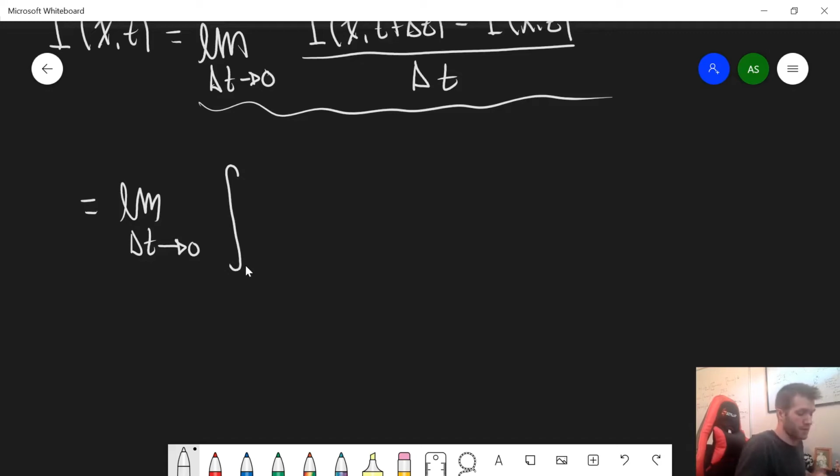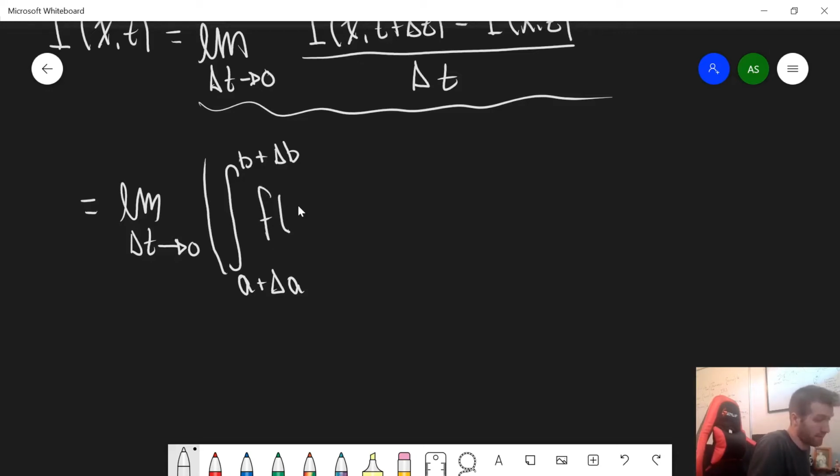So our boundaries are going to be going from a plus delta a to b plus delta b now. So a plus delta a with b plus delta b. And our inside variable is just going to be, first of all, I'm going to parenthesize this real quick, our function of x comma t plus delta t with respect to x.